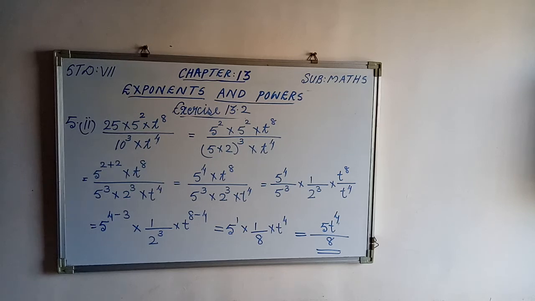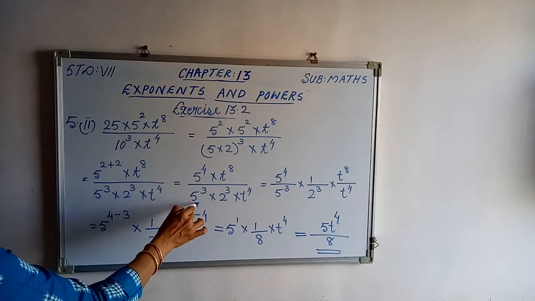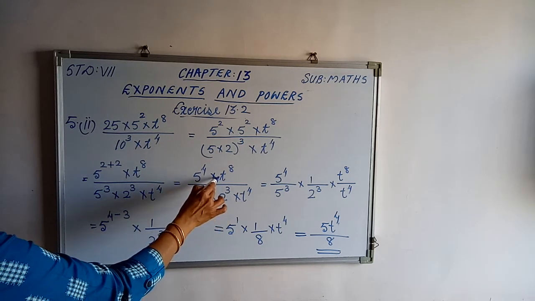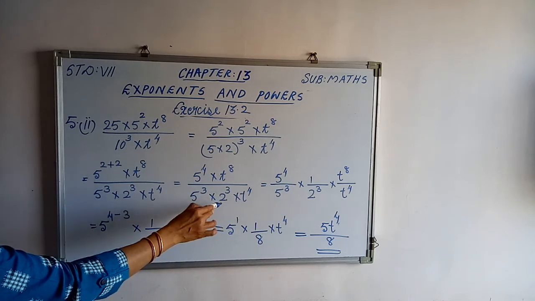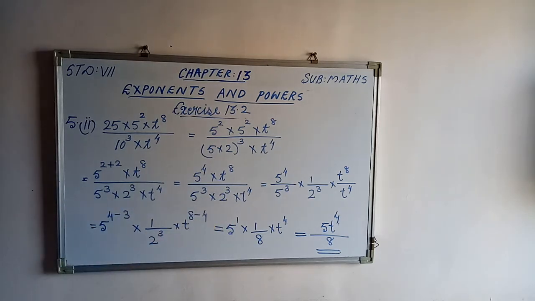Now, 5 raised to 4 upon 5 raised to 3. Here, with base 2, only it is there in the denominator. So, we can write 1 upon 2 cube multiplied by t raised to 8 upon t raised to 4.